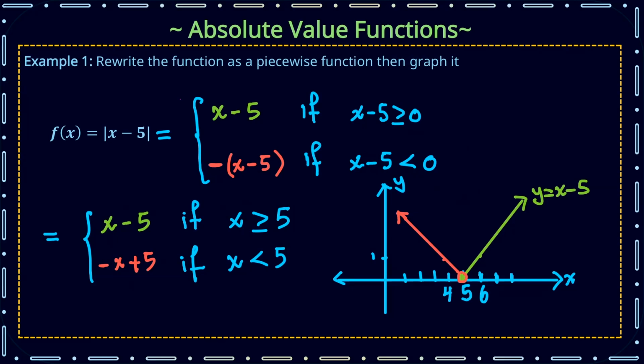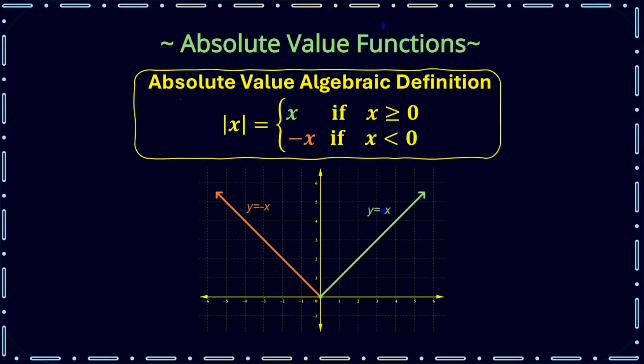The other piece that I've just drawn is y equal to negative x plus 5. This full graph is the graph of absolute value of x minus 5. You could have drawn this graph by identifying the shift. It's x minus 5. That means the graph of absolute value of x is going to move to the right by 5 units right there.